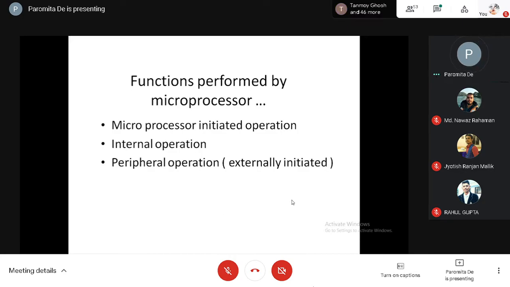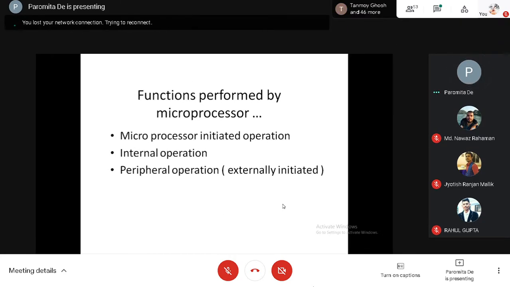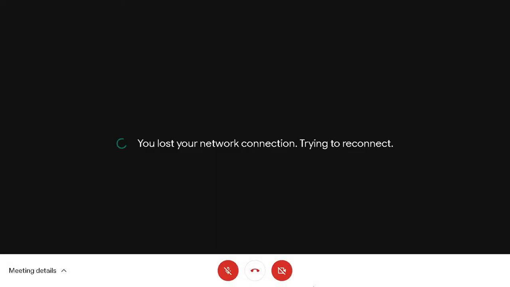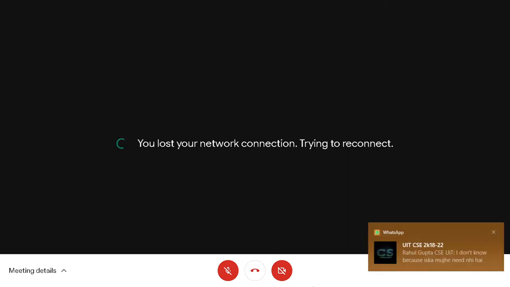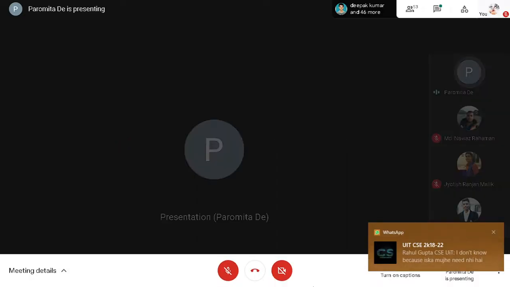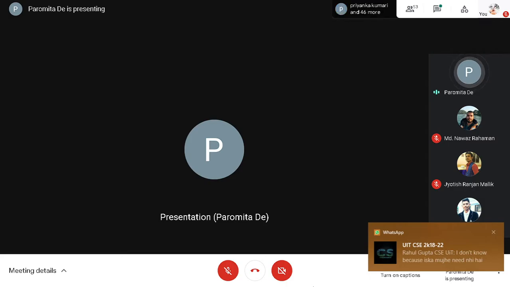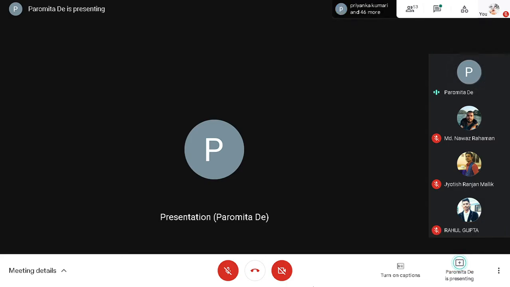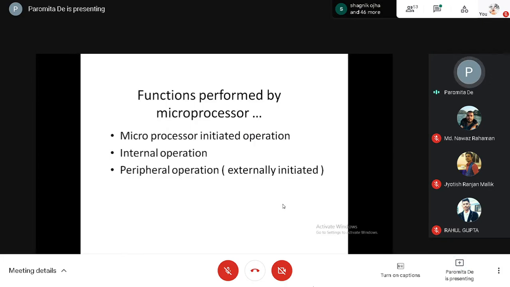Every time I touch the mouse, they know some mouse is being touched. My mouse will say, now listen to me. So the mouse will try to interrupt whatever the microprocessor was doing till now. This is an externally initiated operation.